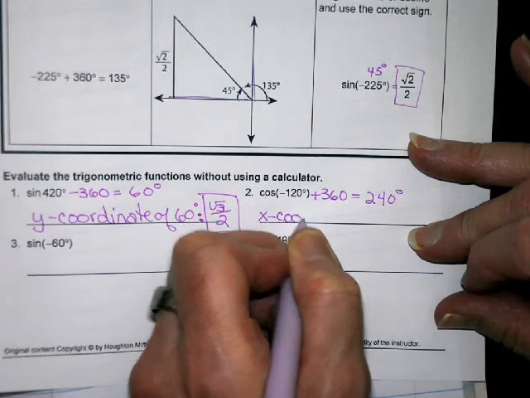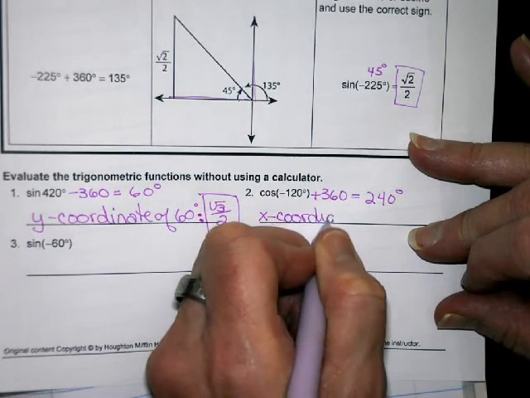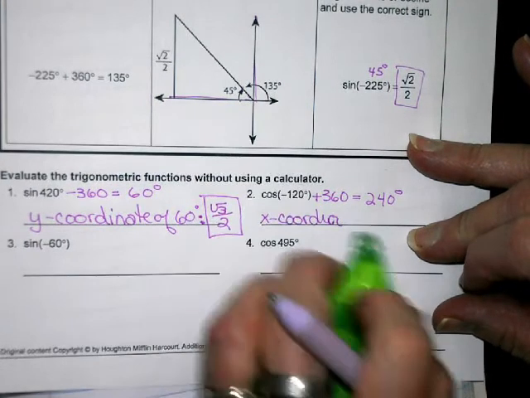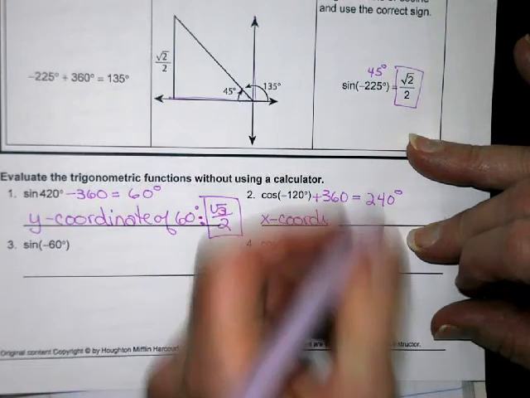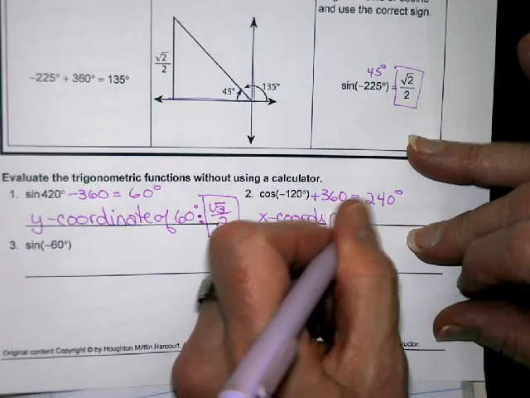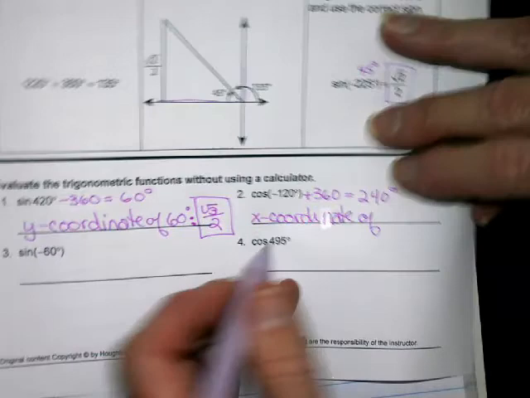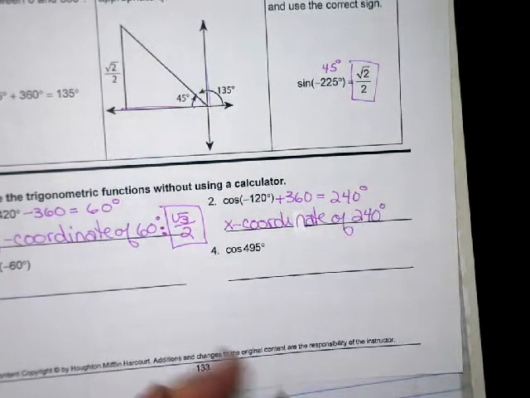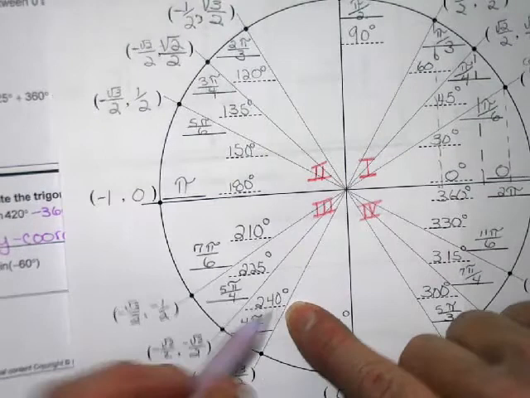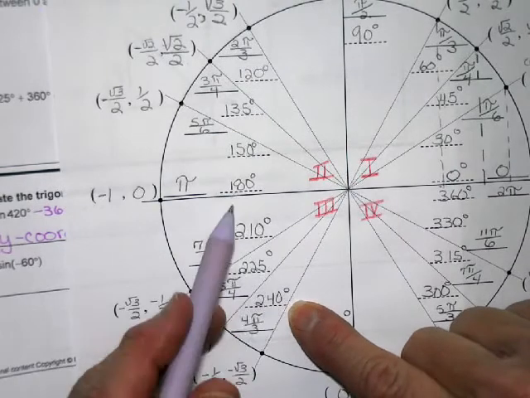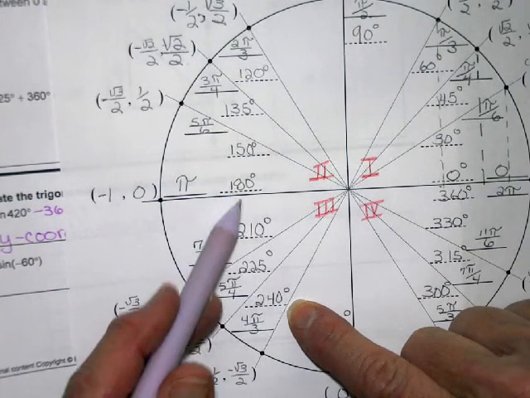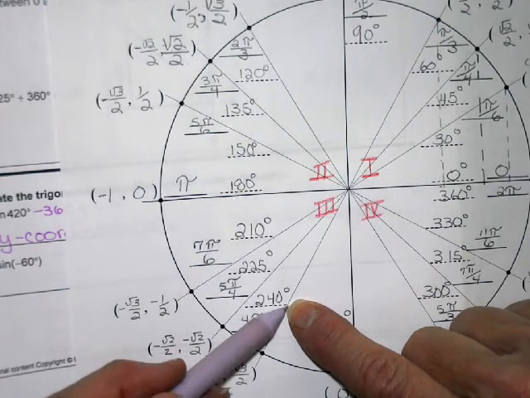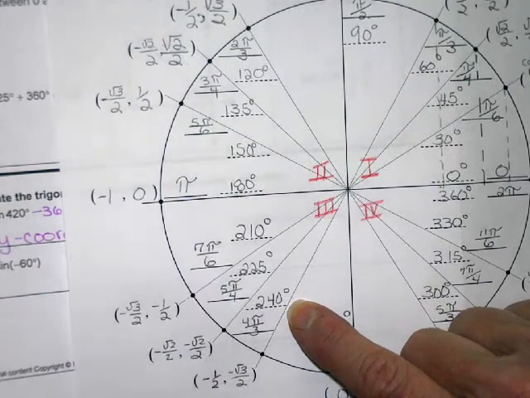So I'm going to take the x-coordinate, because cosine is x-coordinate, sine is y. So 240 degrees, that's a 60-degree reference angle, 60 degrees from this guy.